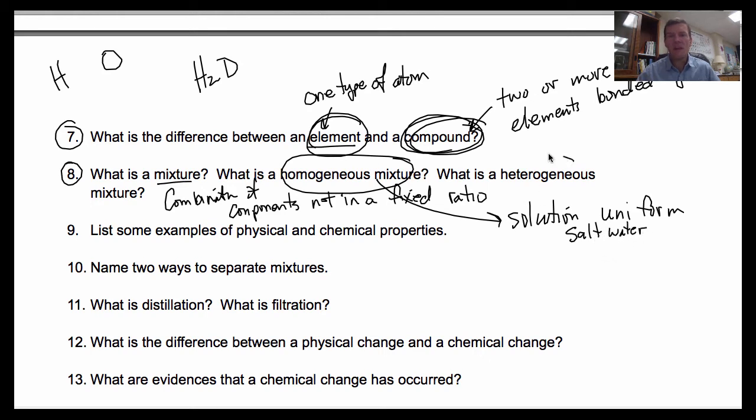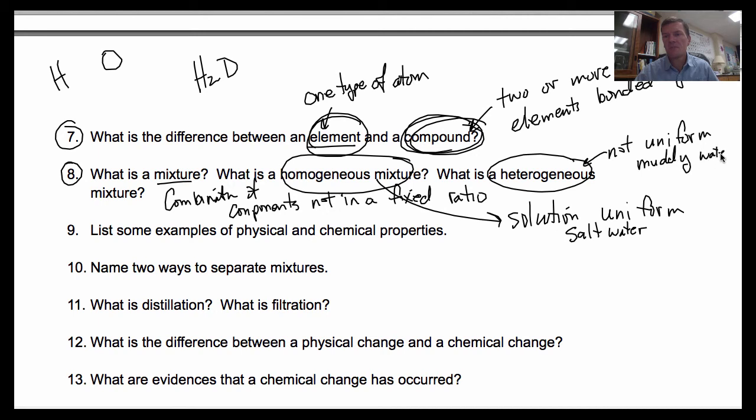Heterogeneous means it's a mixture, but it's not uniform. Maybe there's a clump of something over here, or there may be layers, or maybe something settled to the bottom, or maybe something floating on top. This is not uniform. And this could be like, again, muddy water.